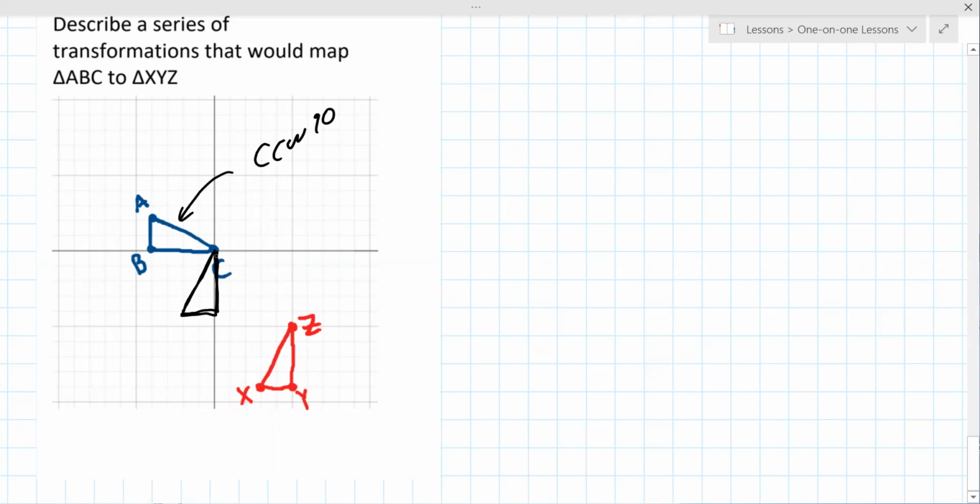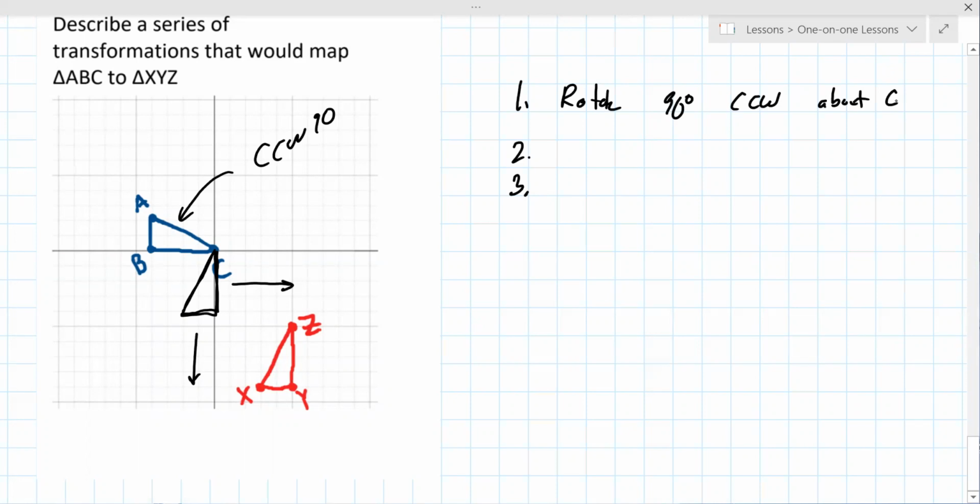Yeah, that's what I saw right away, and then it moves this way and this way to get down into this position. So there are 3 things. The order doesn't matter, but for simplicity you might say you're going to rotate 90 degrees counterclockwise about C.